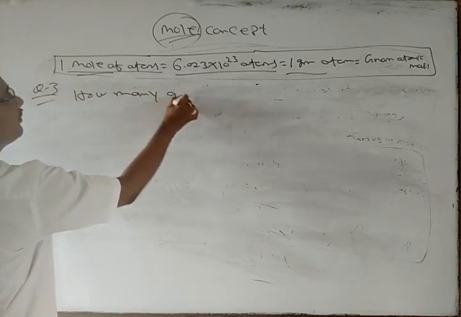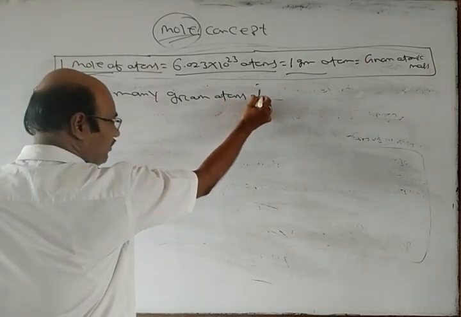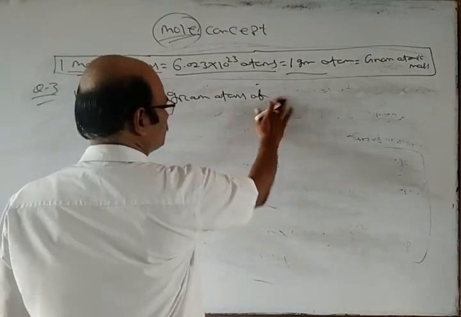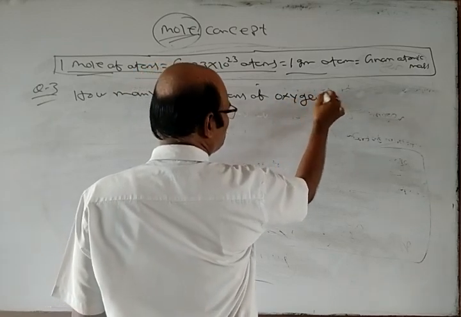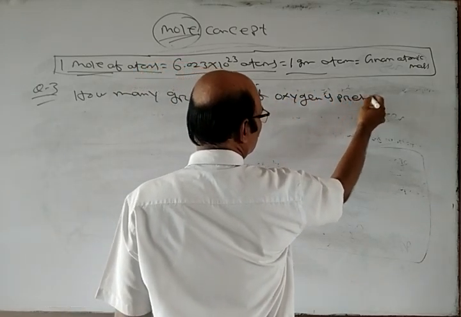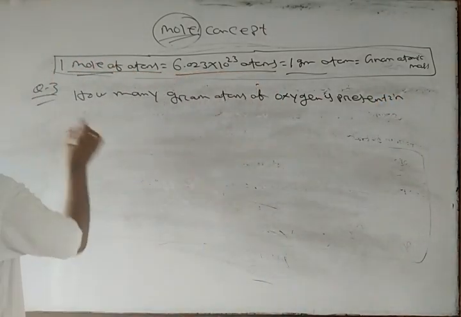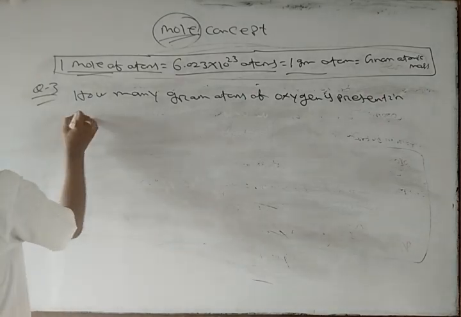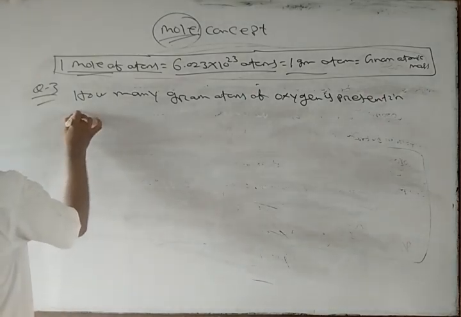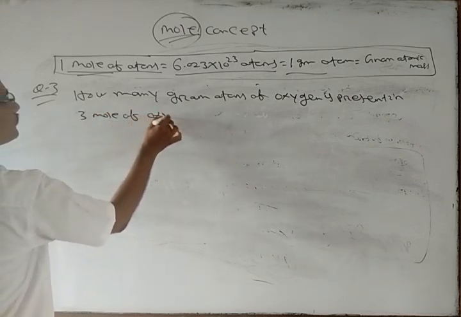How many gram atoms of oxygen are present in 3 moles of oxygen?